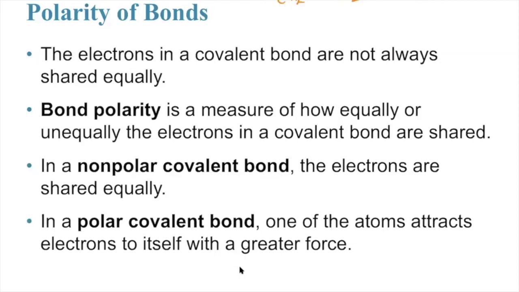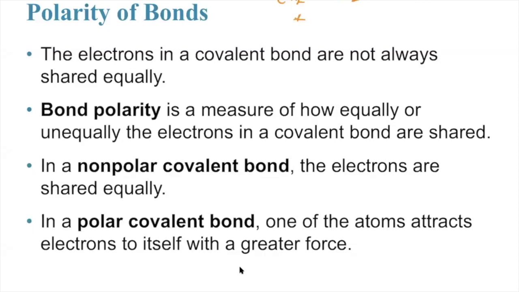Electronegativity is the ability of an atom to attract an electron to itself. But because in here they are both the same, they're equally going to be able to pull. So you're not going to have what is called a dipole, a difference of electronegativity.